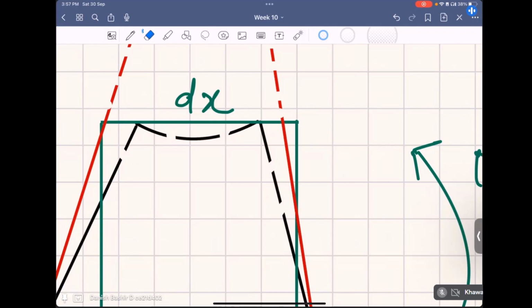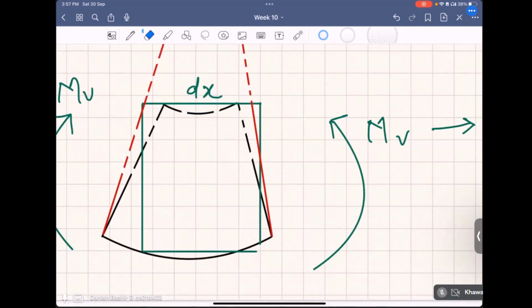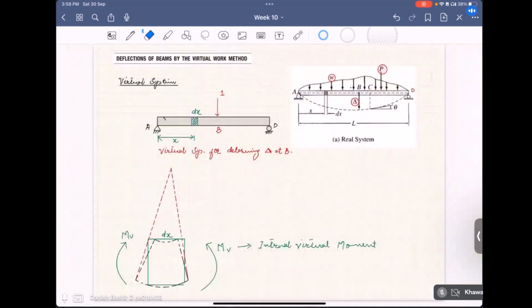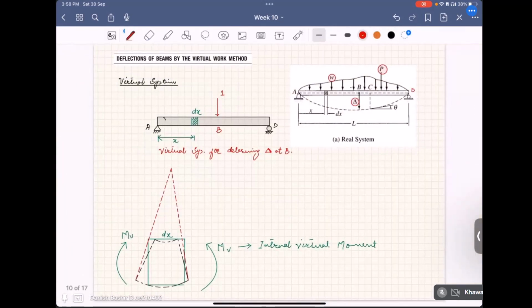This is also the deflected shape. Okay, so it will have a total rotation of d theta here.